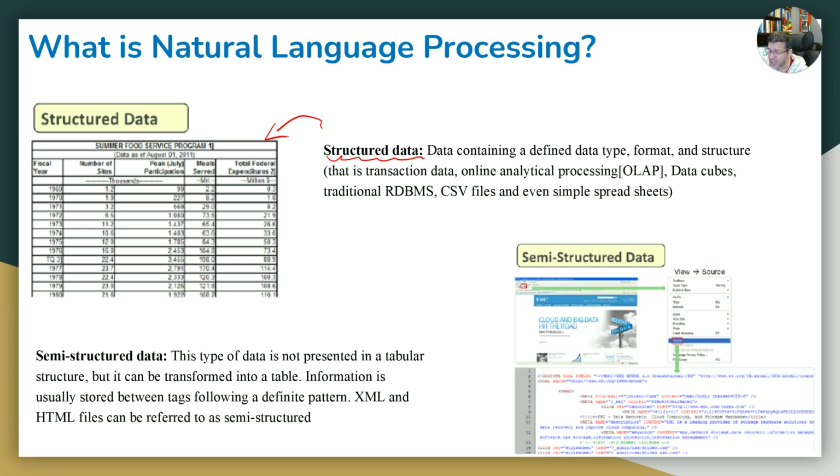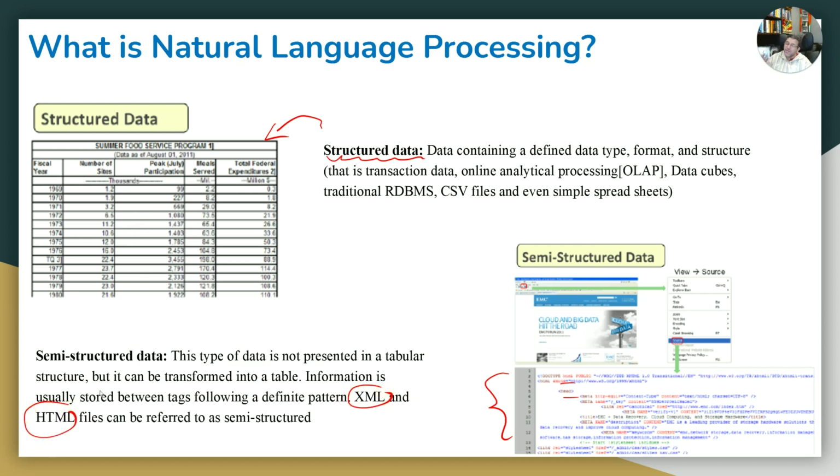Second type of data is called semi-structured data. It's not 100% structured and it's not 100% unstructured, but there is still a method of navigating through your data to find an element. An example of semi-structured data is XML and HTML.